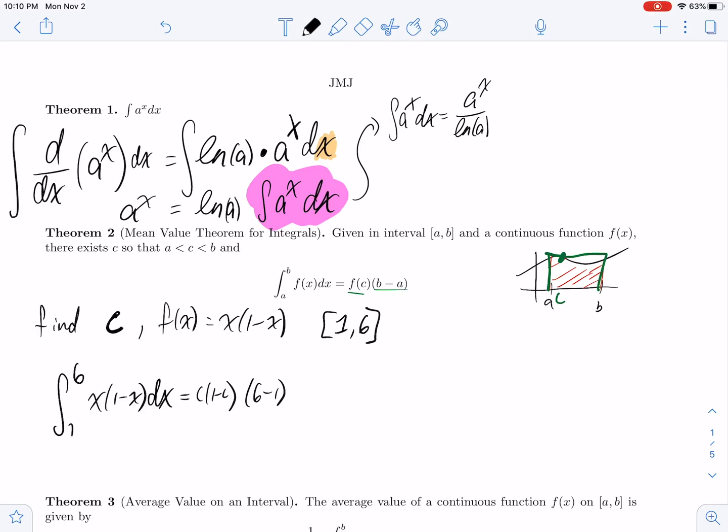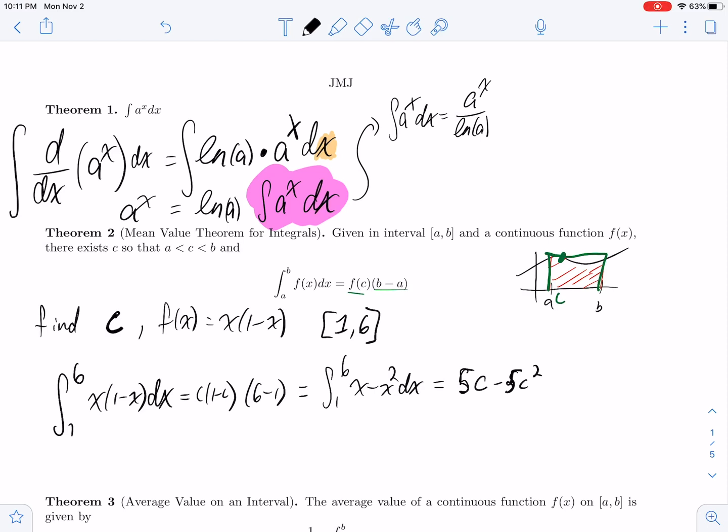So what I can do is simplify a little bit. This is going to be the integral from 1 to 6 of x minus x squared dx, which will be equal to 5c minus 5c squared.